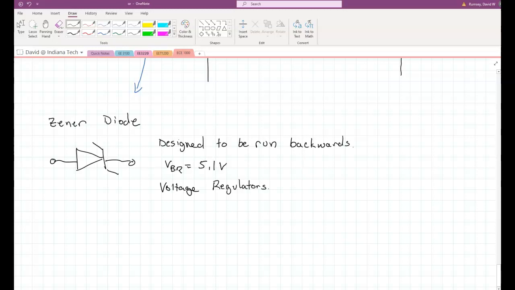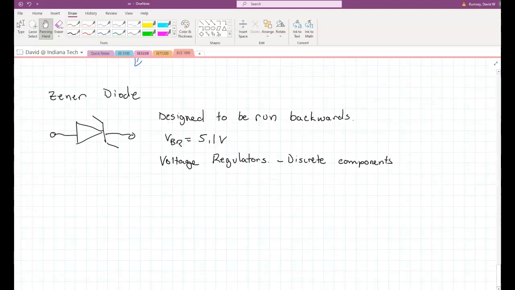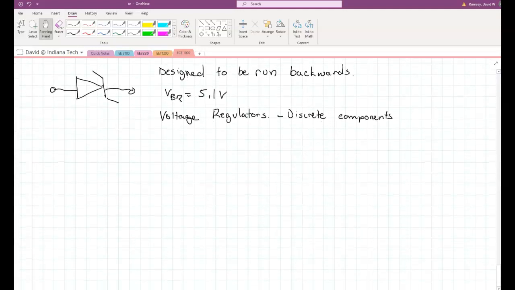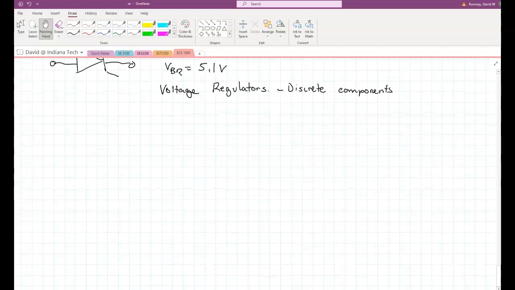Now, this is building voltage regulators from what are called discrete components. There are other ways, and we'll look at this next week. We're going to do this week and then next week some more simulation, and then we'll move into layouts.